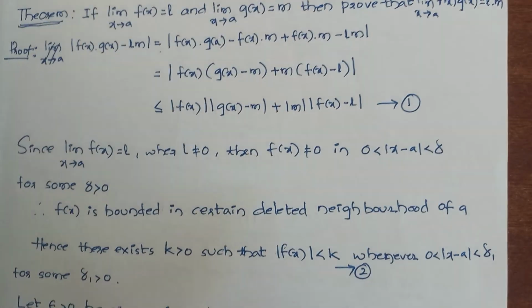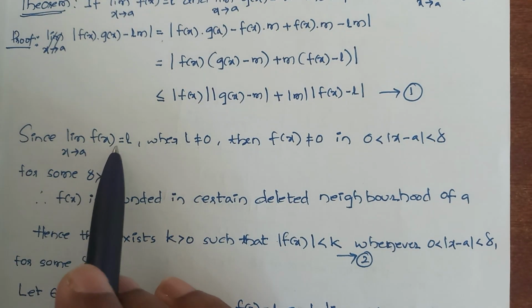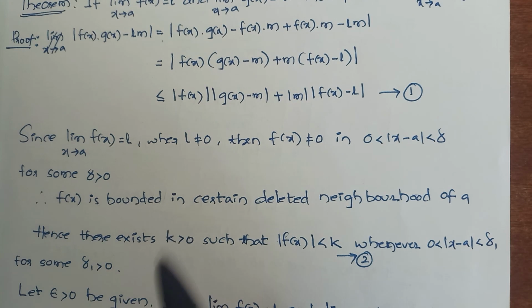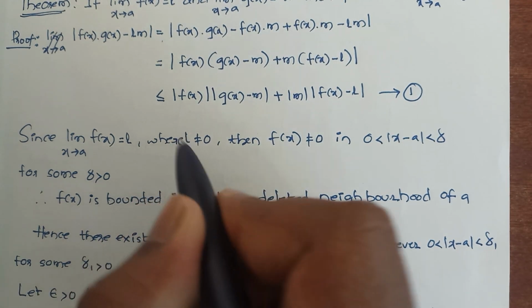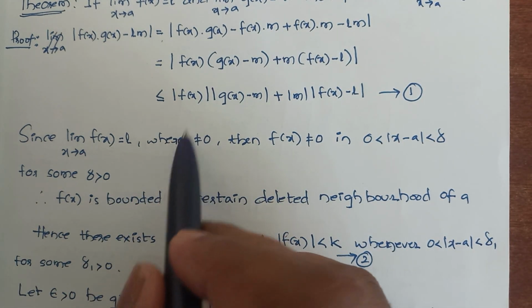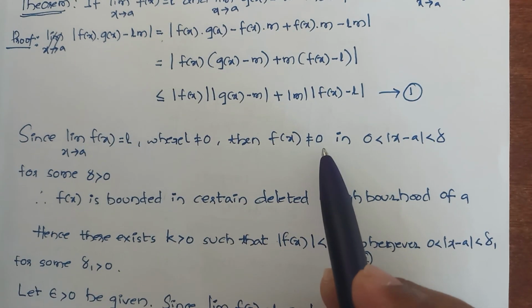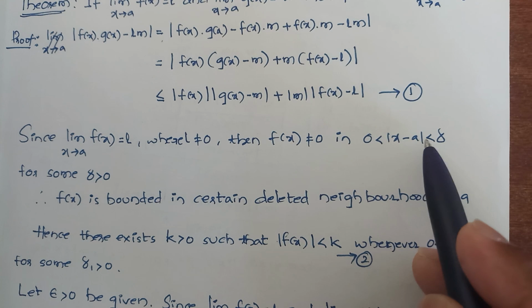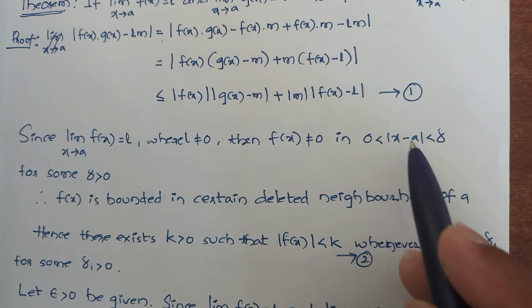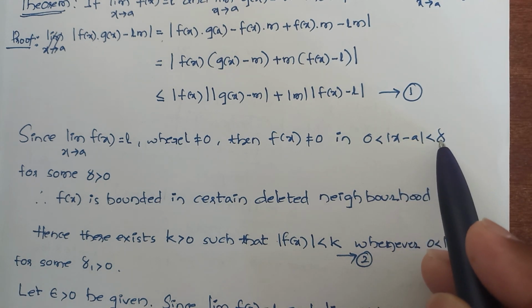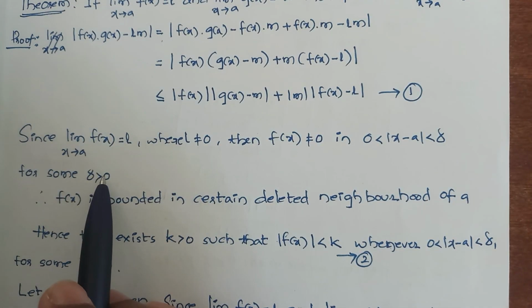Since limit x tends to a of f(x) is equal to L, and L is not equal to 0, then f(x) is also not equal to 0 for 0 less than modulus of x minus a less than delta for some delta greater than 0.